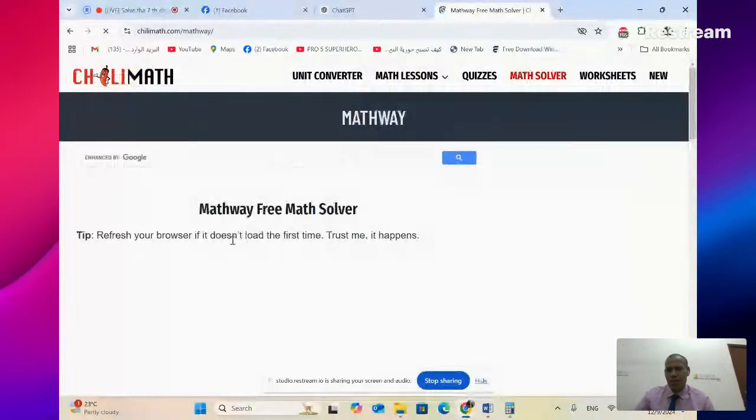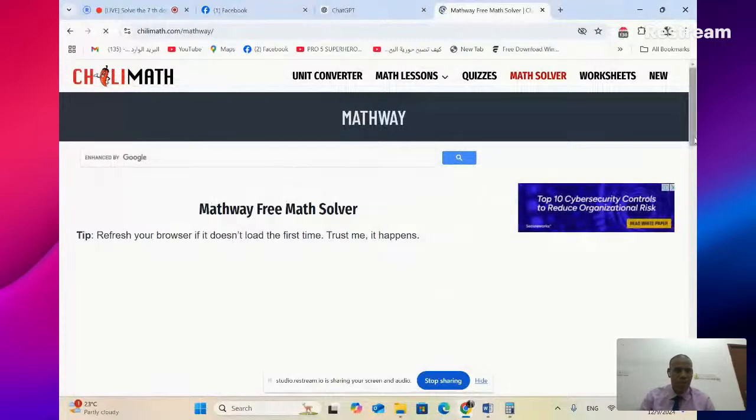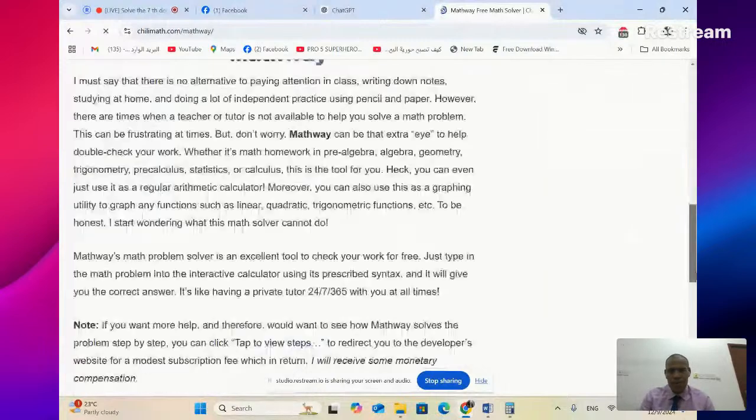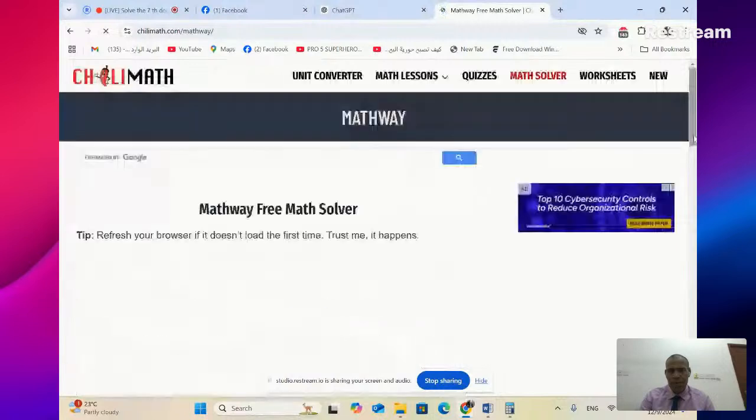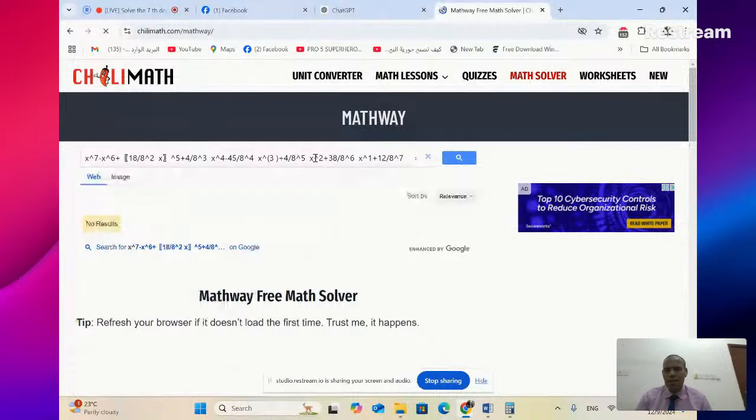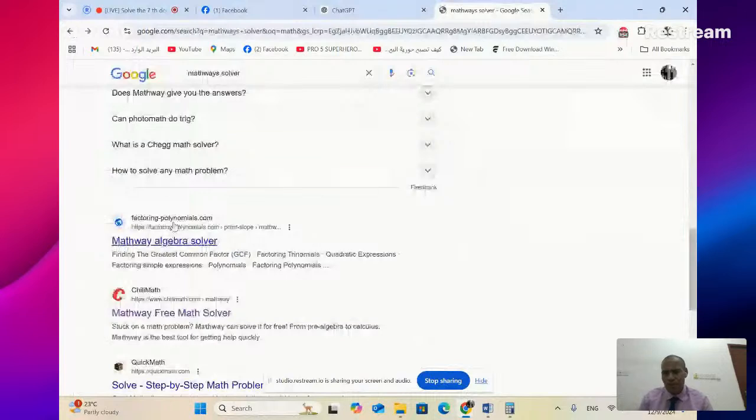It says refresh your browser because it doesn't load first. Okay, I will refresh it. There it comes. Okay, doesn't come. No problem. Okay, let's see. It did nothing. Search for, okay, I'm not looking for this.